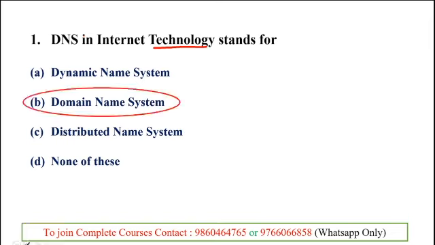Domain name system is used to convert the IP address into a readable domain. So here, for example, bbc.co.uk. It is an IP address, and here we want to convert this code into a readable domain by using the DNS.